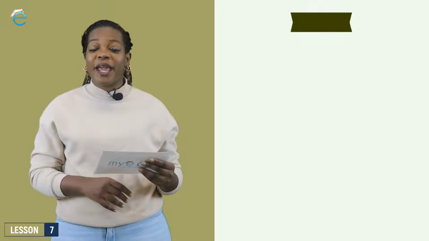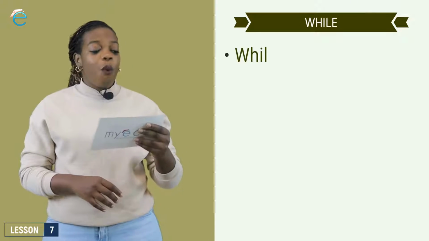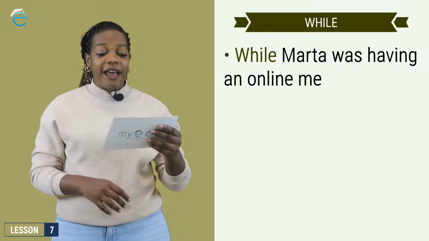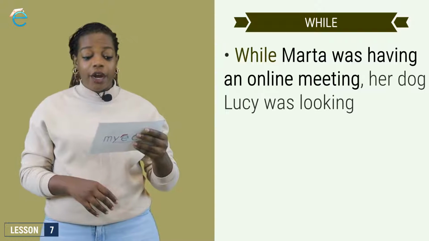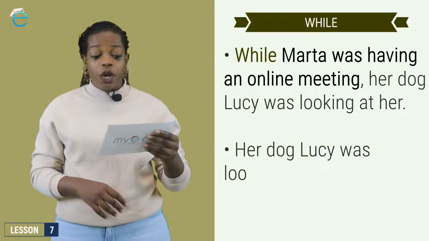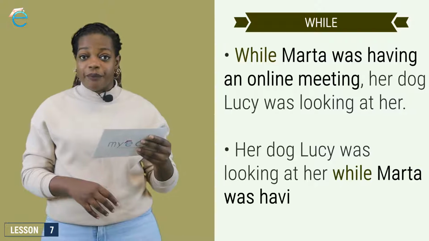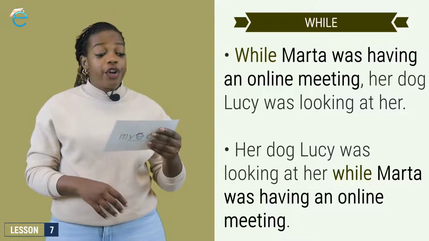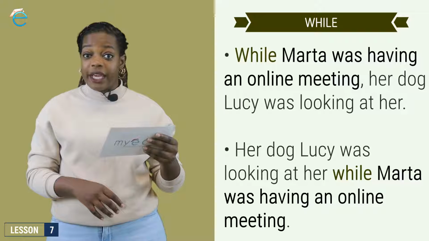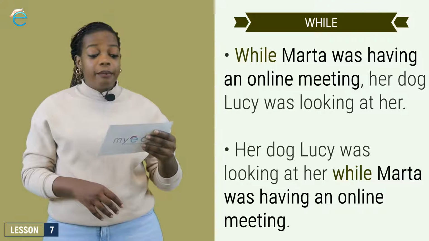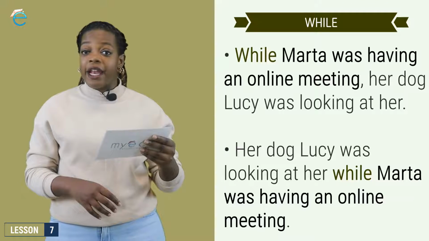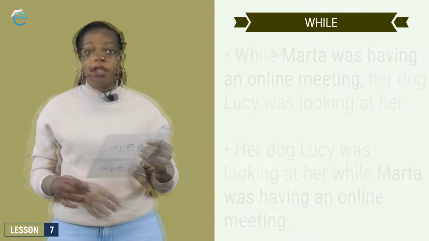Next, let's have a look at while. While Martha was having an online meeting, her dog Lucy was looking at her. Or, her dog Lucy was looking at her while Martha was having an online meeting.